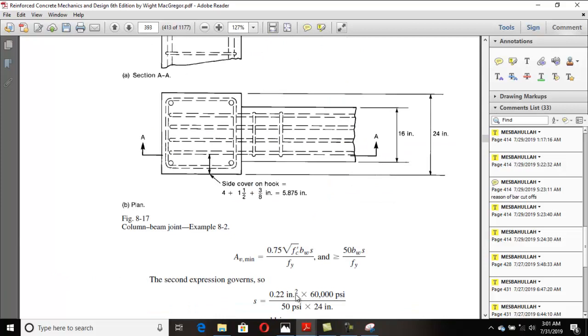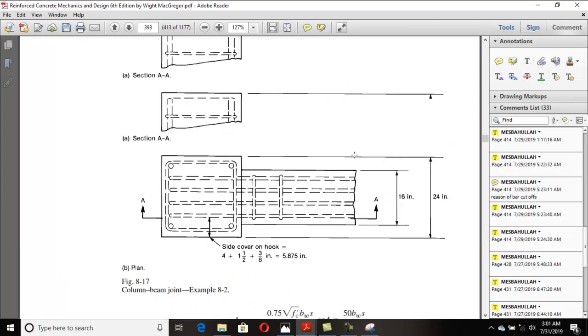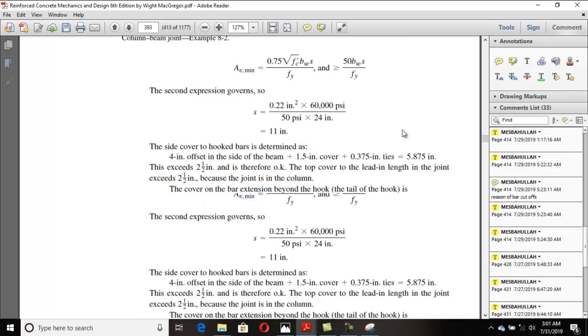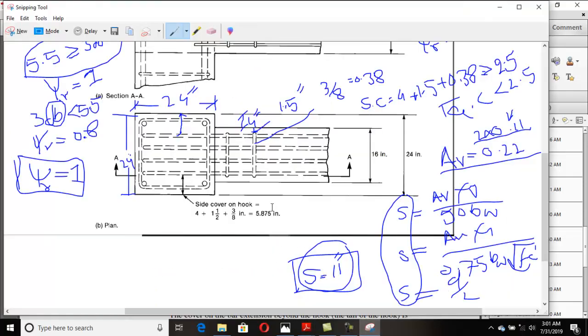This is your design bars. Okay, so that is number 8. So your 3 dB equals 3 inches. Your 3 dB will be this because you are using a number 8 bar, and the number 8 bar diameter is 1 inch.